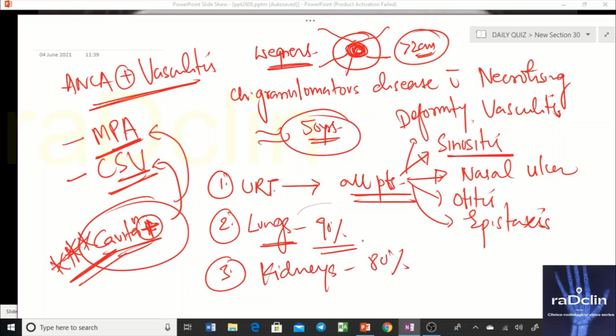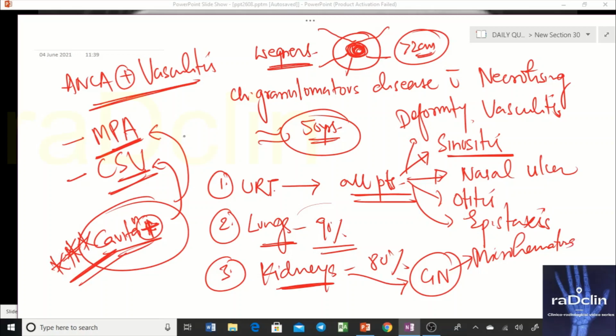But remember, it's not that on presentation all three are involved. Generally at the time of presentation, renal involvement is not there. It develops later in the disease. 40% of the patients present with renal involvement, but most develop it at a later stage. And what renal involvement do we see? We see glomerulonephritis, so the patient will present with microhematuria.